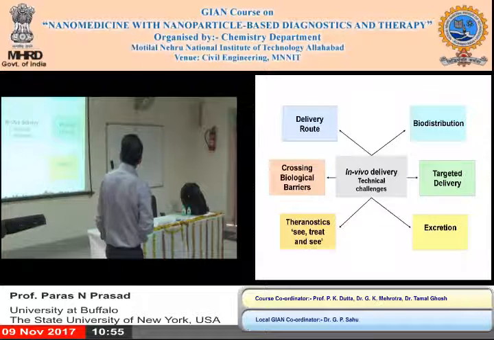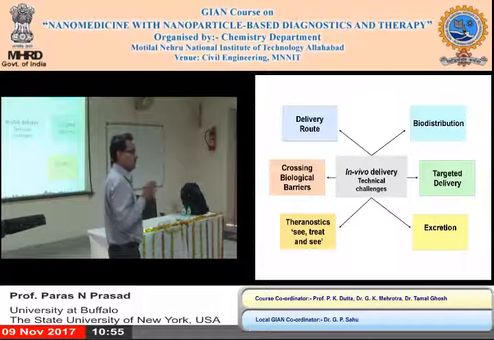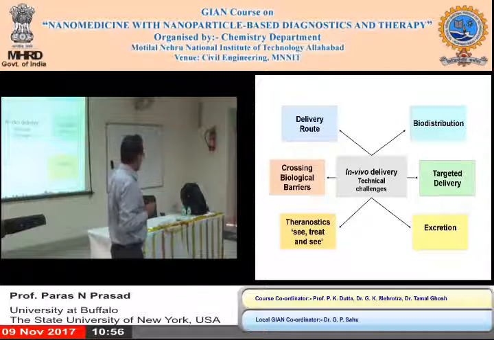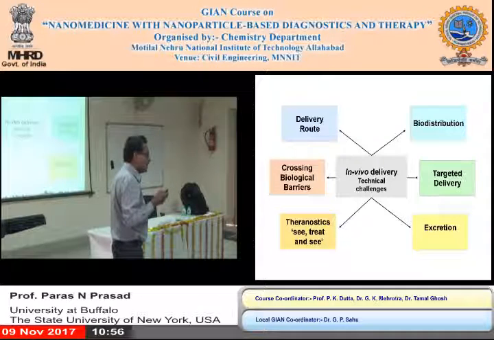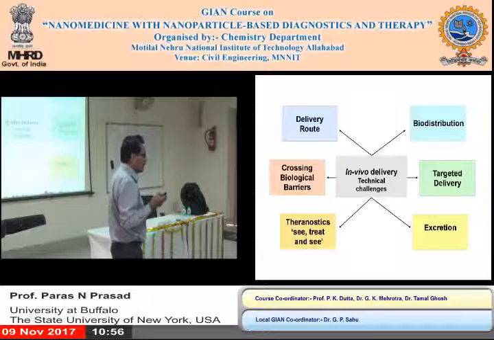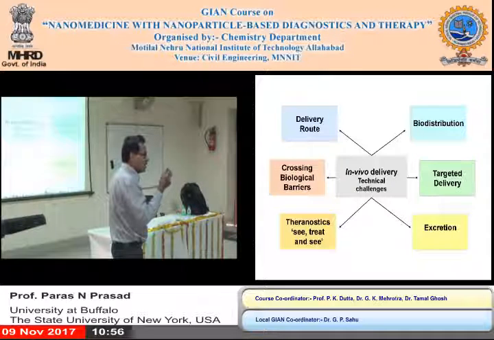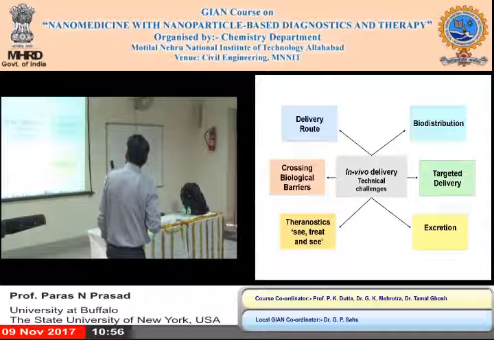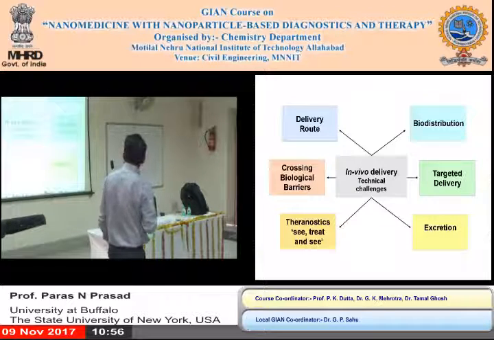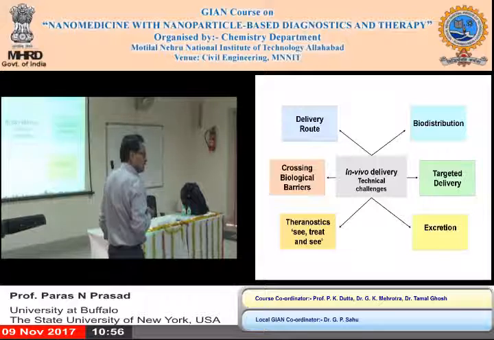These are very important things that you need to evaluate for your nanoparticles and modify. How? Chemical makeup, size, charge, surface coating, all these you manipulate so that you can get quickly through the delivery route.